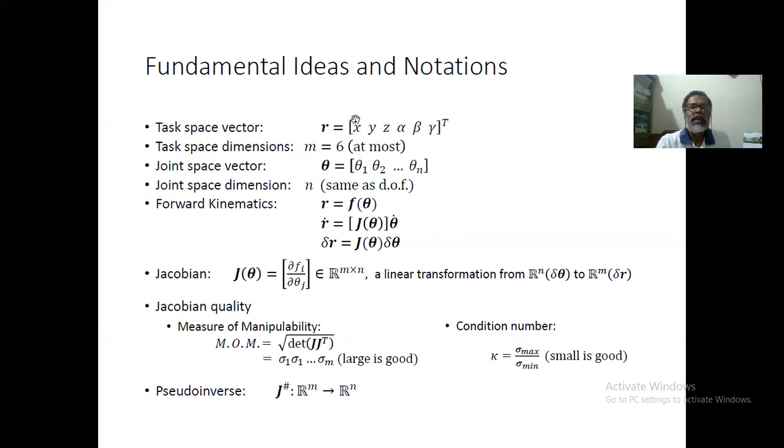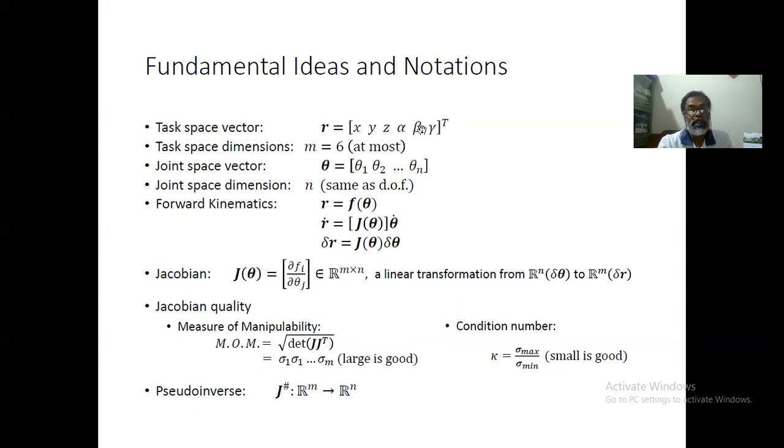Now, for a 6-DOF manipulator, this will be the task space vector. The end effector you can manipulate either in XYZ position or alpha, beta, gamma orientation. More than that, motion possibilities are not there. So at most you can have 6 task space coordinates. The task space dimension is at most 6. Why did I say at most? Because the manipulator may be planar, in that case only 3.